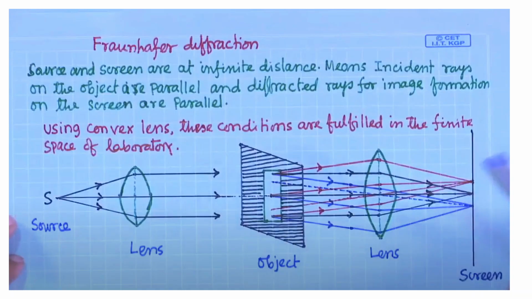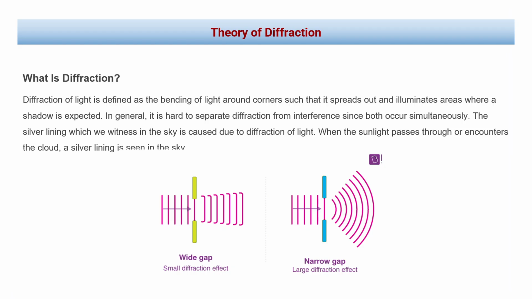And depending on Fraunhofer diffraction, these were the situations. We discussed further that for diffraction to happen, the wavelength of the light we are using should be comparable to the size of the aperture or barrier. Otherwise, the light won't bend.